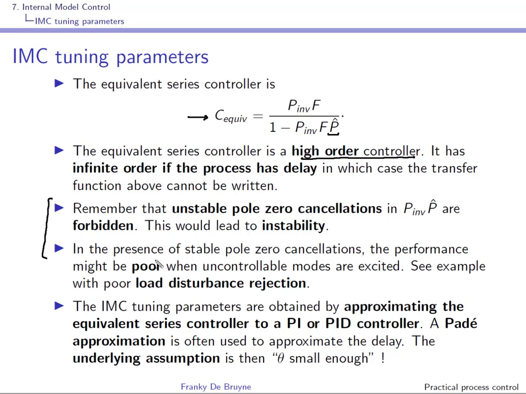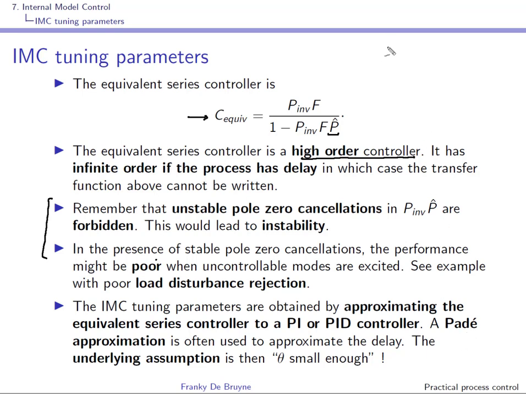So the idea is that you design an IMC controller, an internal model controller, that you obtain the equivalent series controller, and then that you make some approximation of the delay using a Padé approximation.